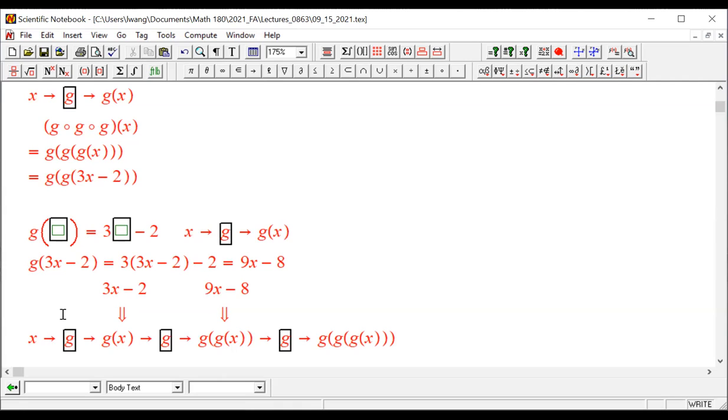Yeah, so you're going through the machine 3 times. Each time you use the output from last time. This is the second time. And this output is going to go through the same machine. It's going to produce something else.